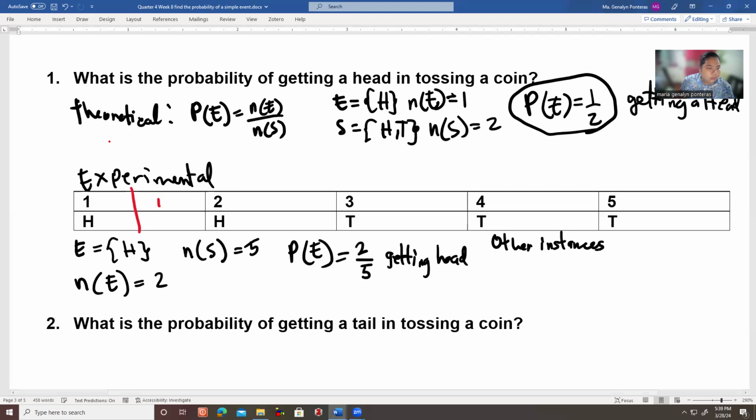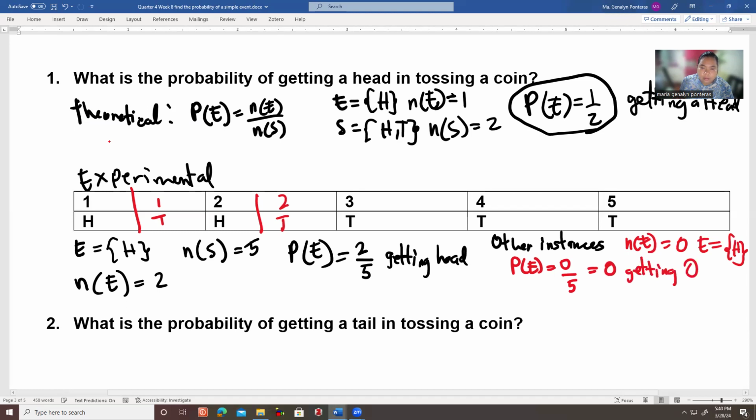For another trial, you have tail, tail, tail, tail, tail. So here, probability of E, the cardinality of getting head is 0. We want head, so you have 0 over 5. So the probability of getting head is 0 if the result doesn't show head.